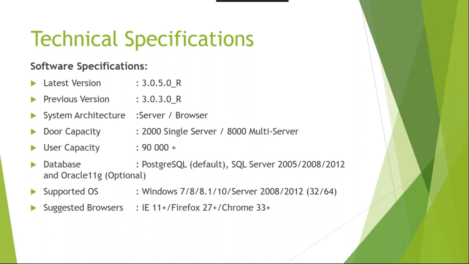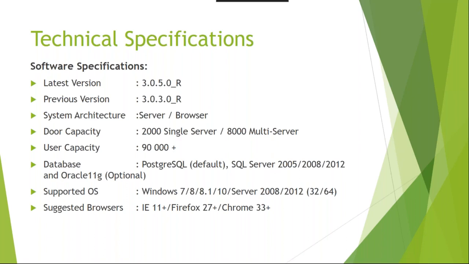The default database is PostgreSQL, but it also supports SQL Server and Oracle databases. The supported operating systems are Windows 7, Windows 8, Windows 8.1, Windows 10, and Windows Server 2008 and 2012, regardless of the operating system bits, whether 32 bits or 64 bits.